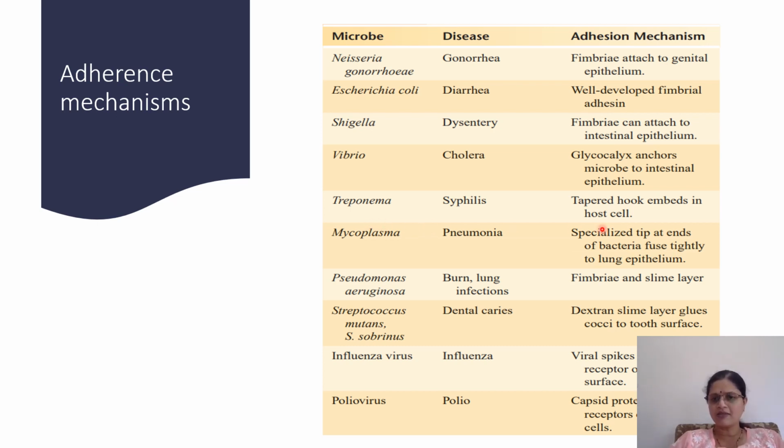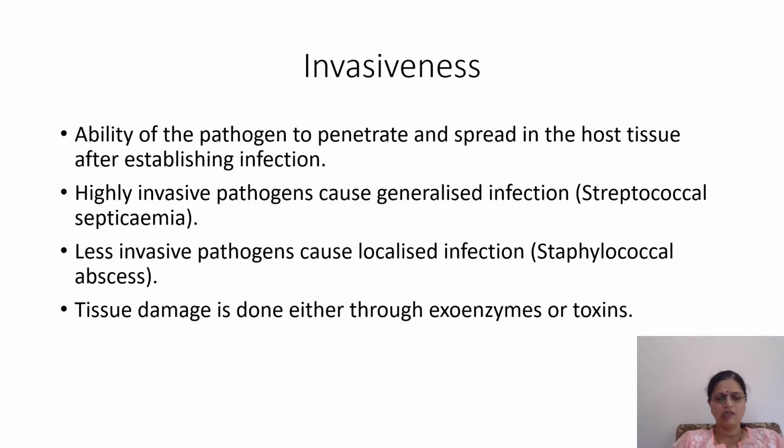Since their body is spiral shaped, they have tapered hooks with which they go and attach themselves on the host cell. Whereas if you take viruses like influenza virus, they have spikes on their surface with which they attach themselves on the host cell. So different organisms, pathogens have different ways of going and attaching on the body cell surface.